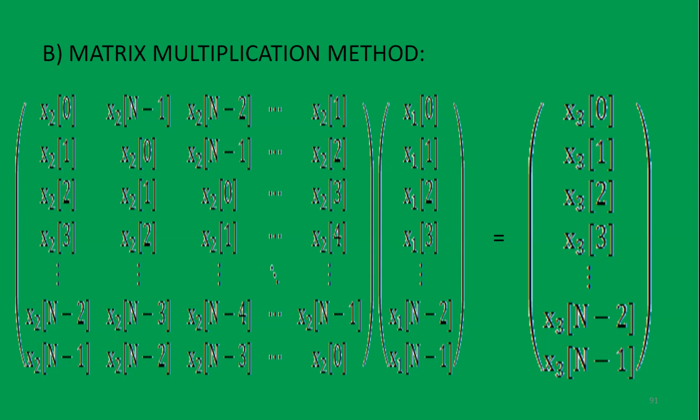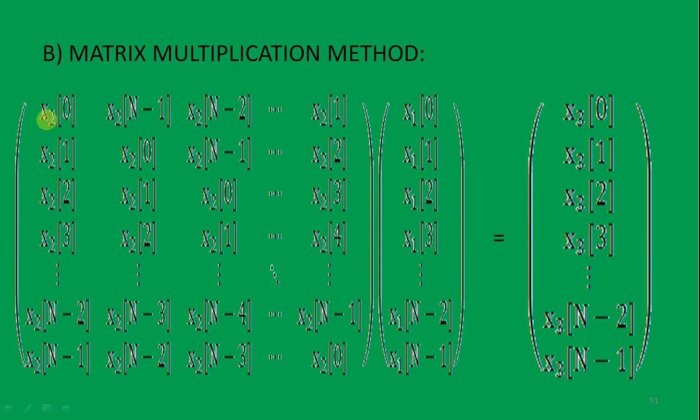Now take the second signal and locate it as a square matrix, with order N by N. Of course x1 of n has some samples L, and x2 of n has some samples M, but after zero padding we equalize these two lengths to capital N. So the samples are from 0 to N minus 1.